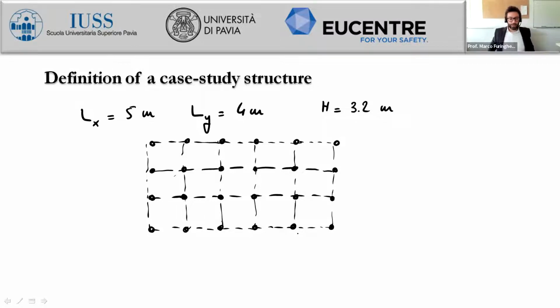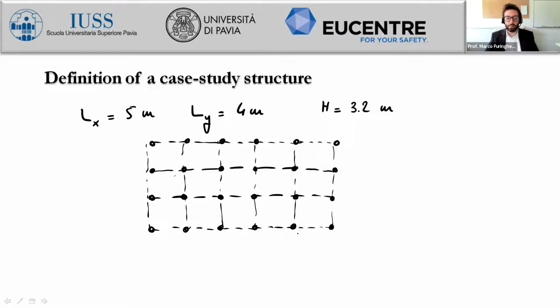Perfect. And this is very helpful for us because according to this plan view, we can automatically notice a very important parameter for the design of the isolation system. As you may remember, last week we defined all the parameters that we have to initially know. The first information that we get from this drawing is that we have 6x4 columns, and according to common practice, we generally install isolation devices just below the columns.